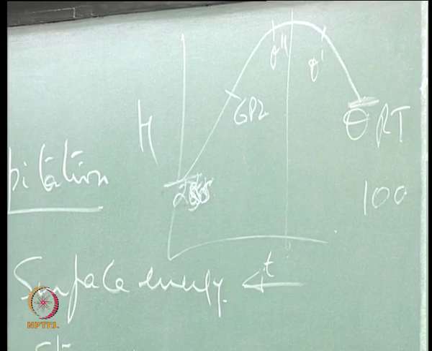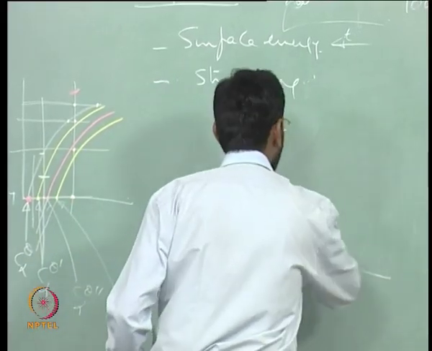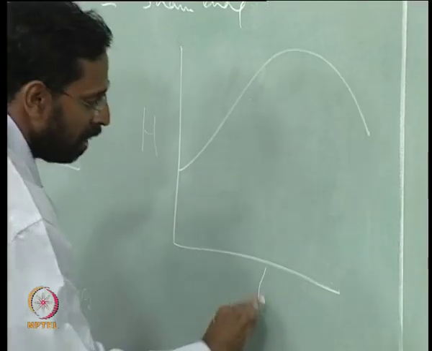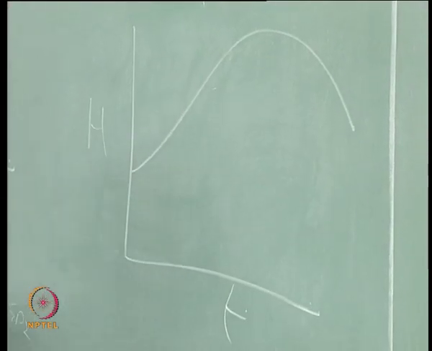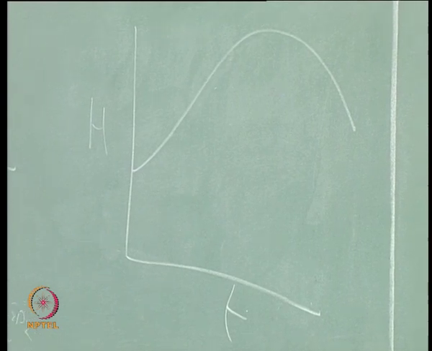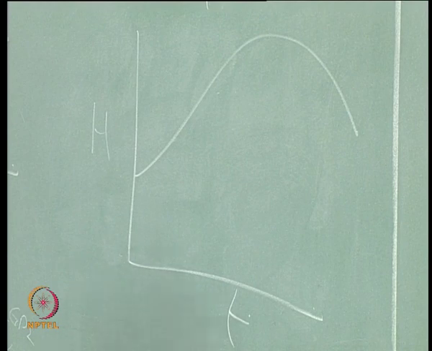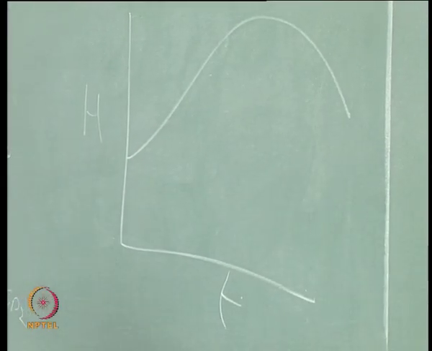Now can you tell me anything more? There are no GP zones. Some zones. I mean, I am not talking with respect to this, simply I am increasing the temperature. Okay, let us not bother about what phase is forming. The peak time decreases, and what about peak hardness?